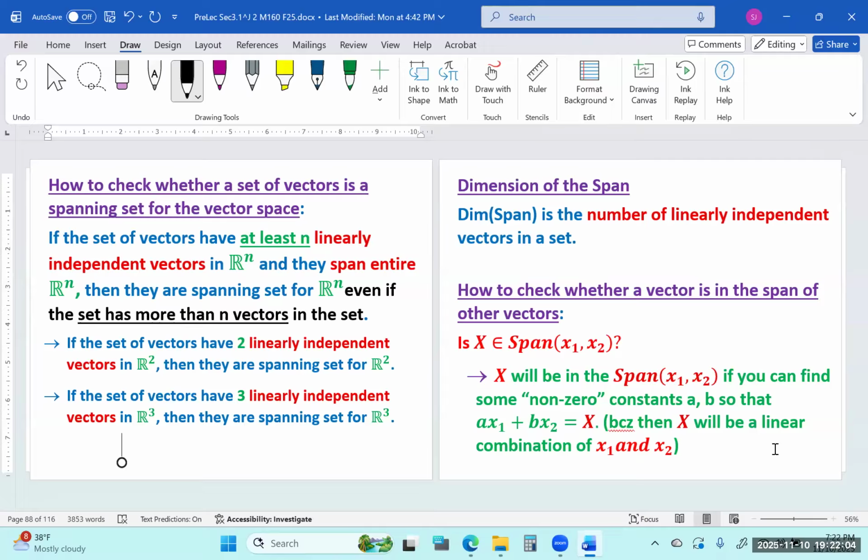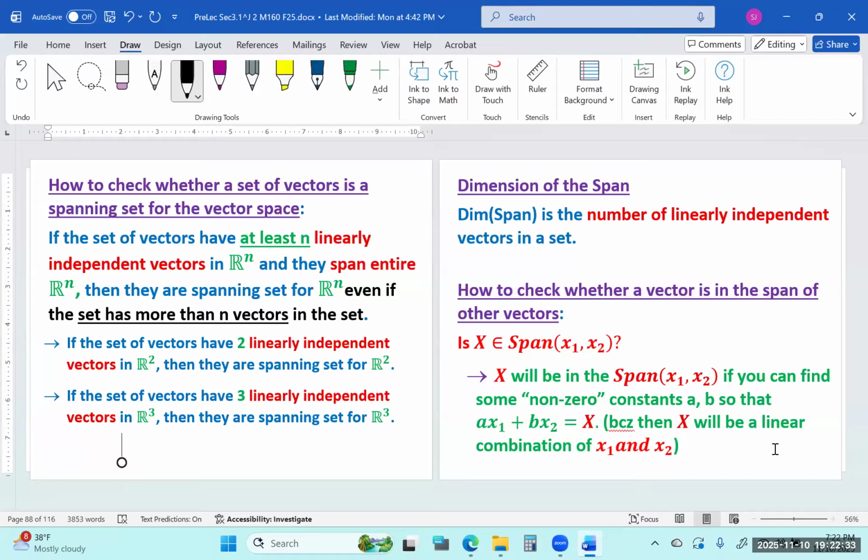What does that mean? Let's say you have two linearly independent vectors in R2. That means they cover your entire space. So if you take any extra vector and want to see whether it is in the span of the two vectors, you already know that the new vector will lie in the span, because the other two vectors already cover the entire space.